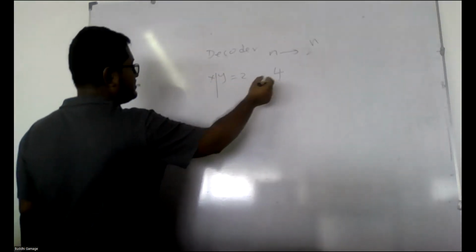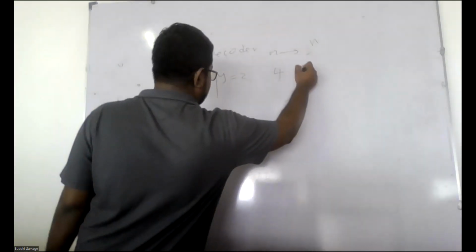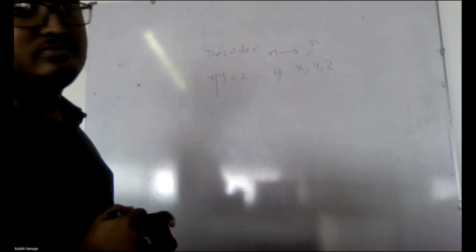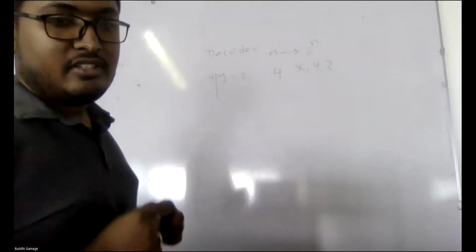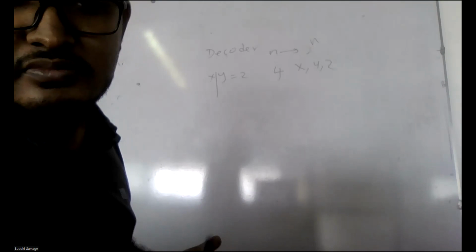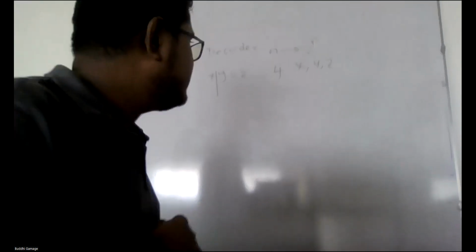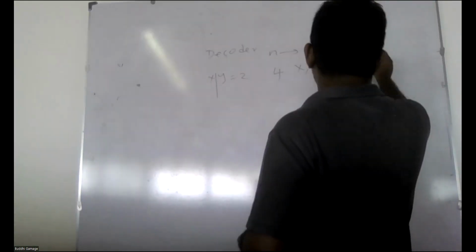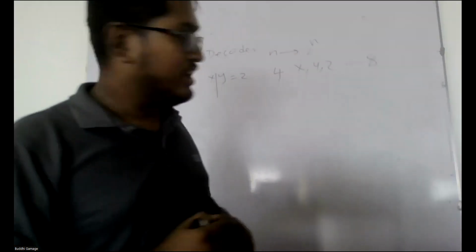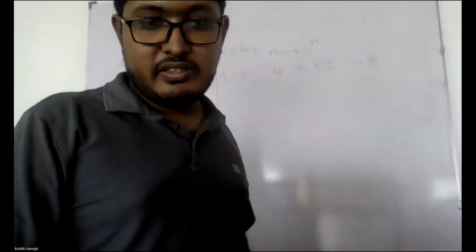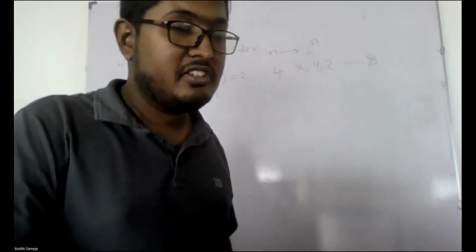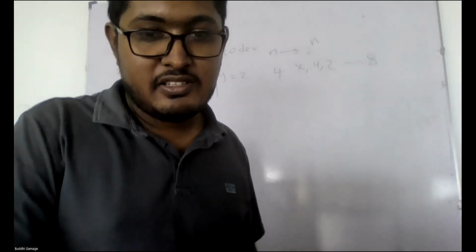And if there are x, y, z, how many outputs should there be? 2 to the power n is 8. There should be 8 outputs, right? And as mentioned in the presentation slide.